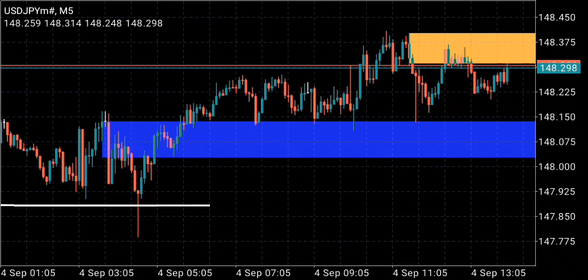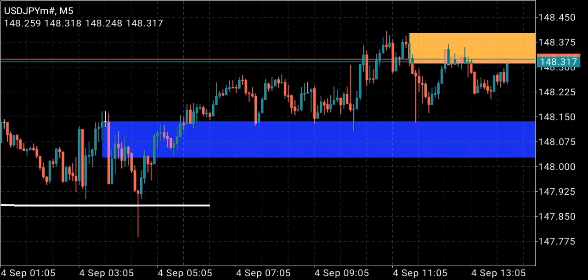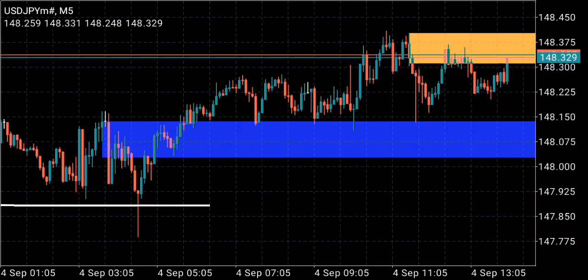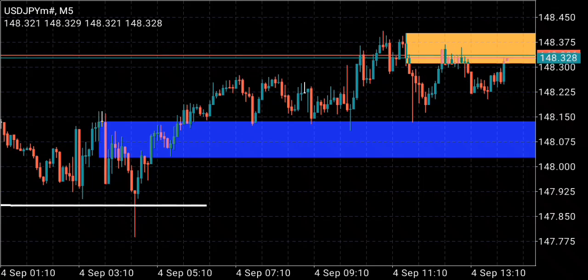Now let's see what is going to happen. It has entered that orange shaded area now.